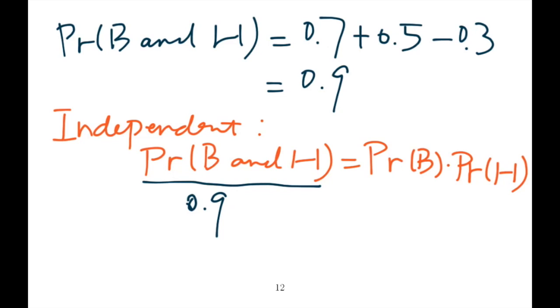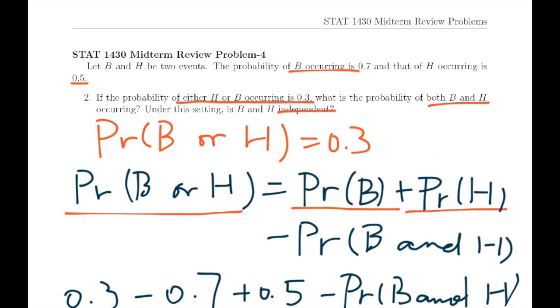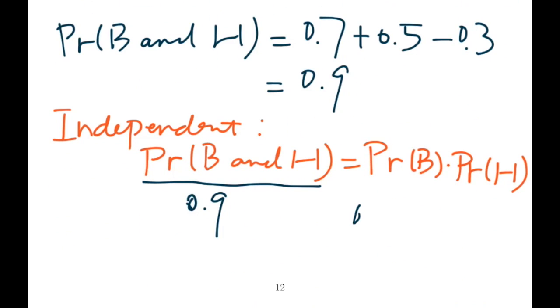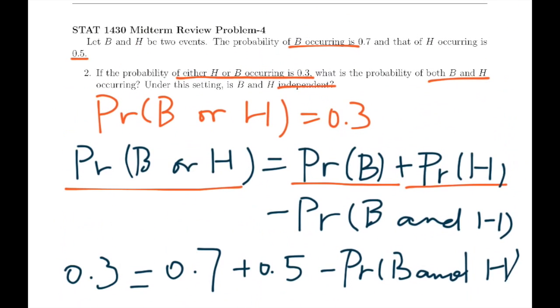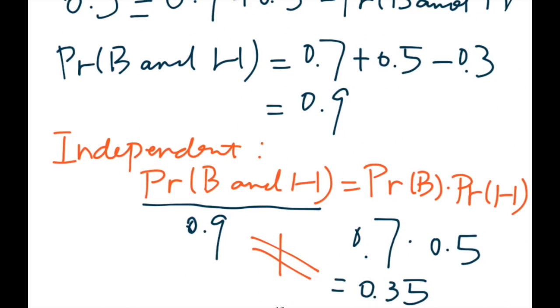And from the given condition, we know that P(B) is equal to 0.7, and the probability of H occurring is equal to 0.5, and their product is equal to 0.35. Of course, we know that 0.9 cannot be equal to 0.35. So we conclude that B and H are not independent.